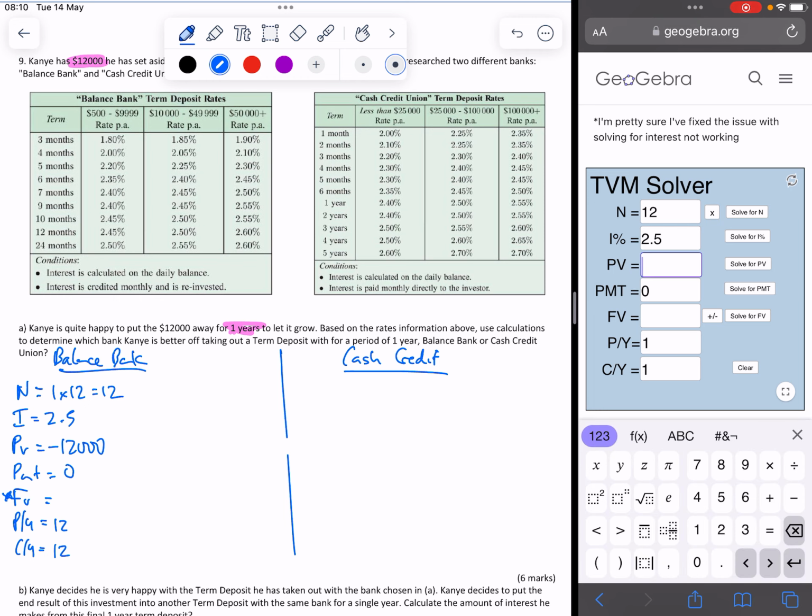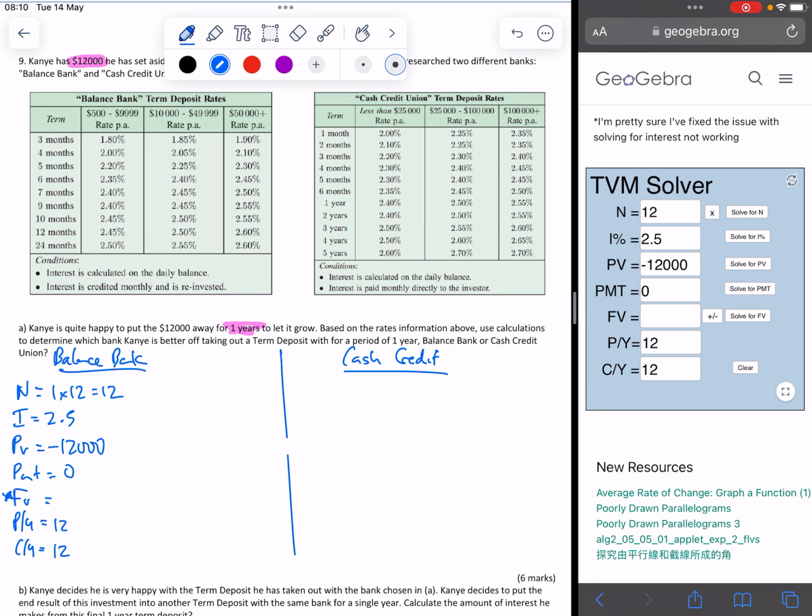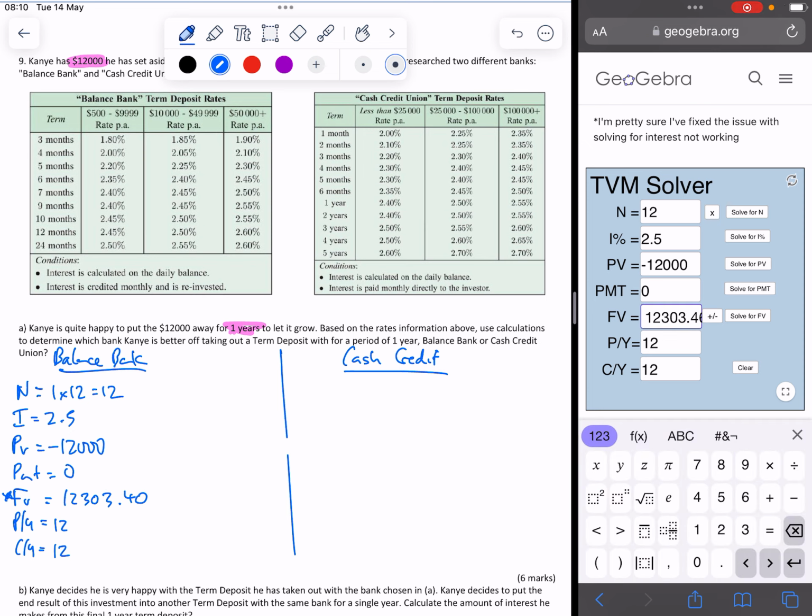FV is what we're solving for. PY is 12 times a year. Solve for FV. We get 12,303.46, to 2 decimal points.